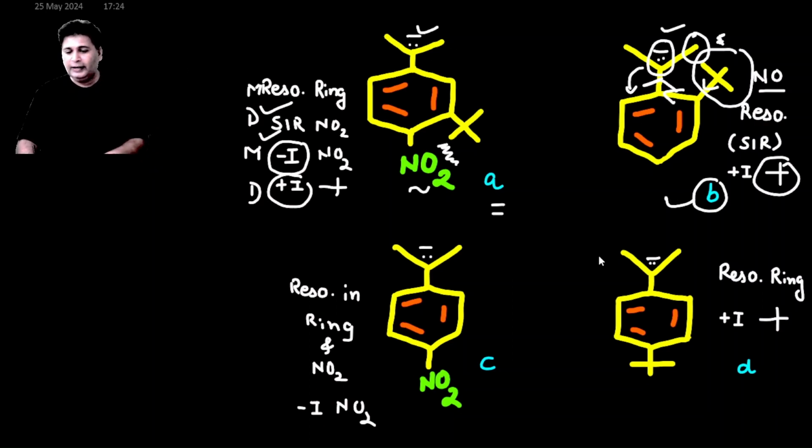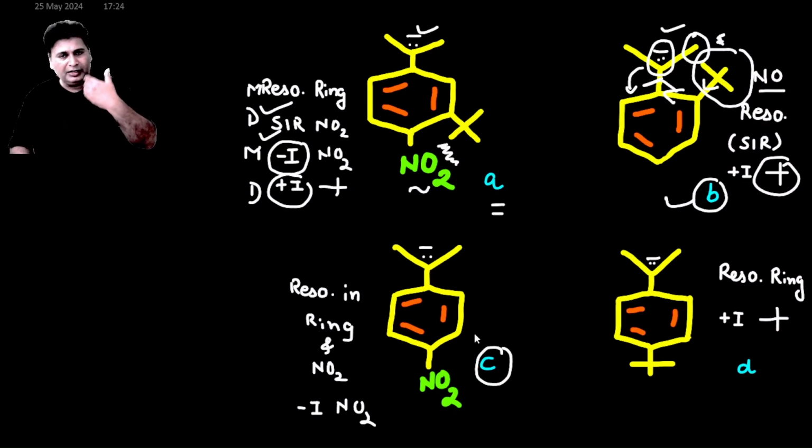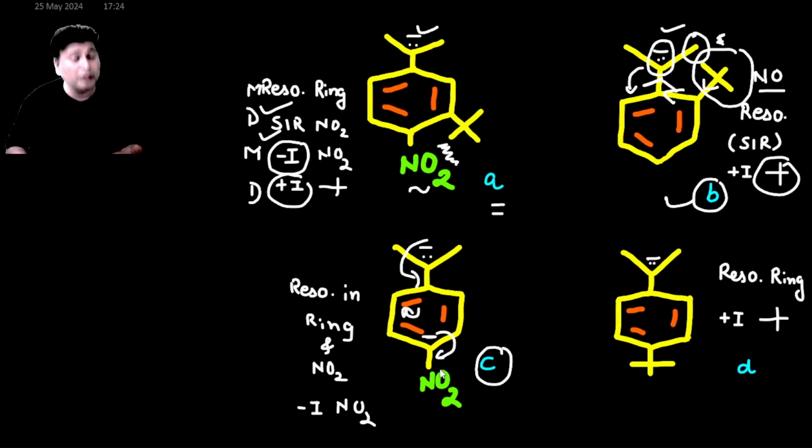Now coming on to the C option, I have elaborated that it is the best possibility. Why? Because the minus charge is in conjugation with the ring also. Once the minus charge comes at the para position, it goes into the NO2 also.